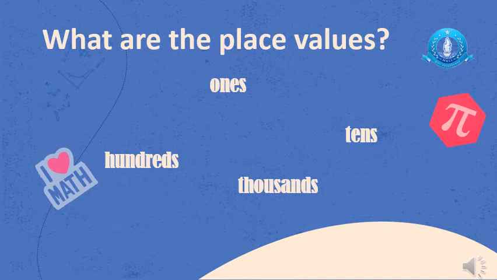Place value is the value of each digit in a number. Right? Now let's see the places where a digit could be. The digit will be in the ones place, tens place, hundreds place or thousands place. It can be a part of ones, tens, hundreds, or thousands.